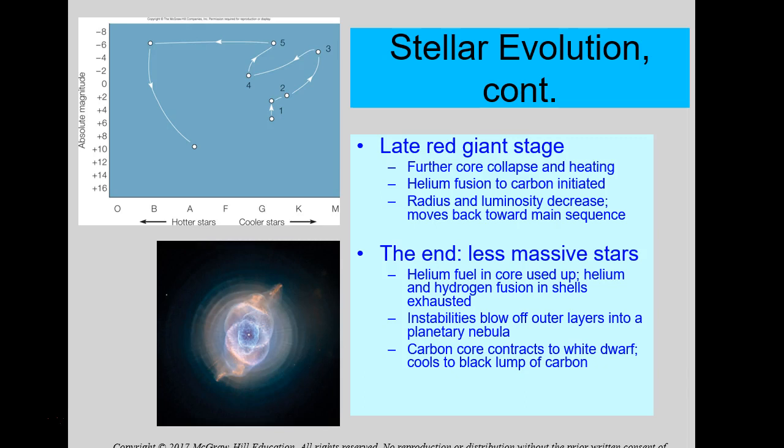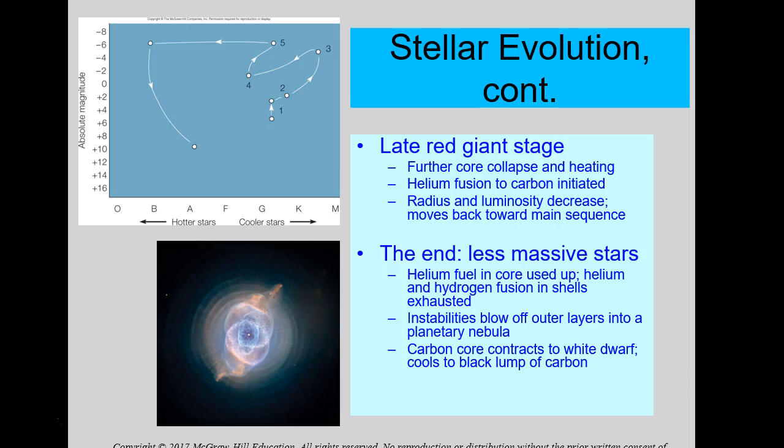Once all of the hydrogen's been burned up to make helium, helium will then start to fuse into carbon. And once that starts, you get a lot of instability on the surface of the star. The core is contracting more, and there's less energy output from the fusion of hydrogen.